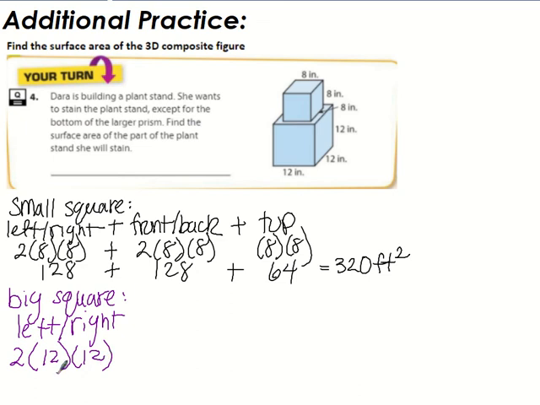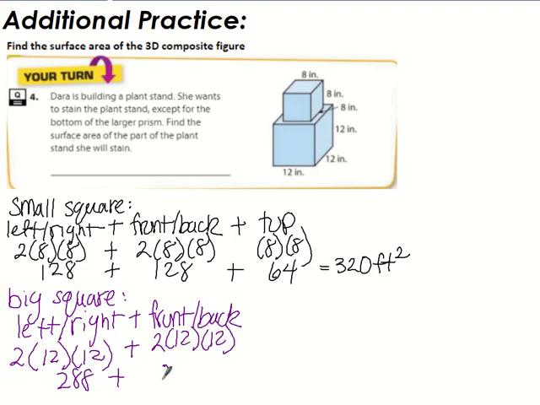And again, we're doing it by 2, because there's 2 of them. All right, one side times 2. Then we're going to add it to the front and the back. So, same thing, the square. We are not going to do the bottom, but we are going to do the top.